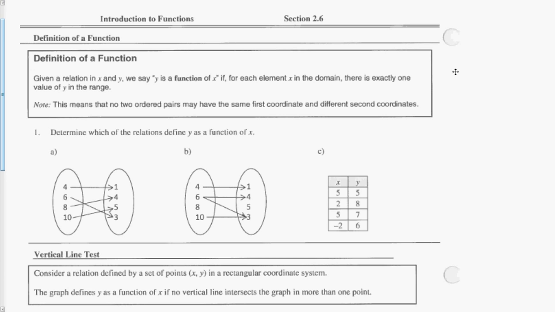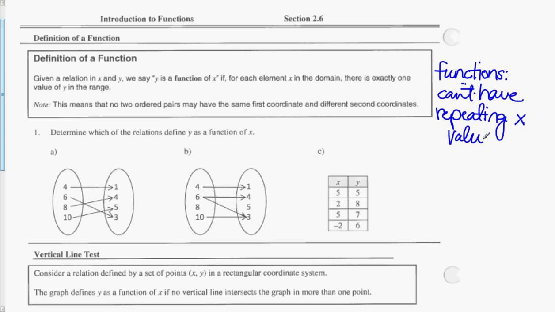So the way you can tell if you have a relation that is a function or not is that functions can't have repeating x values.